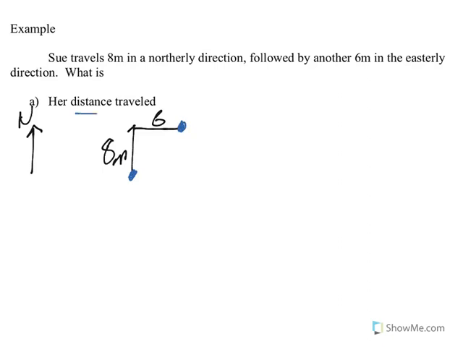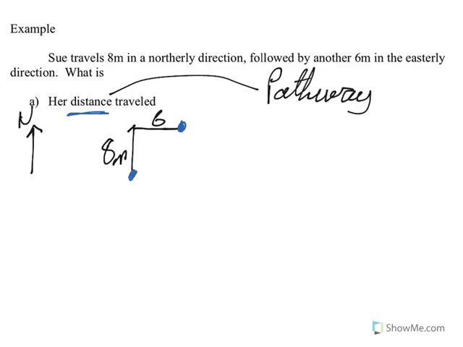Okay, so you've got to read these carefully. Distance is the actual pathway. So the distance here means the pathway. So along that pathway, what distance did she walk? Well, that's simply 8 plus 6 equals 14 metres.